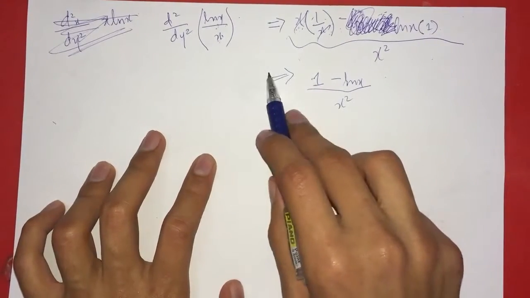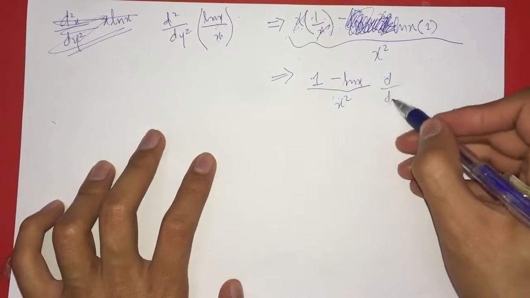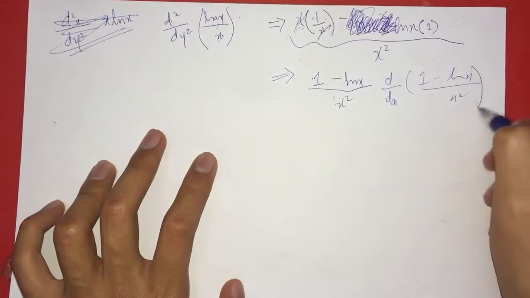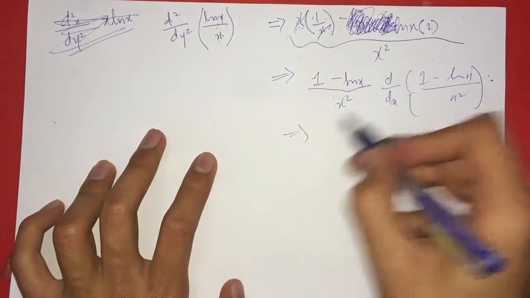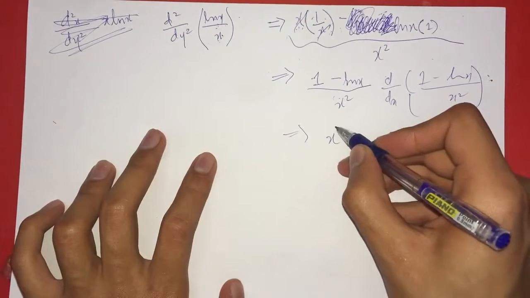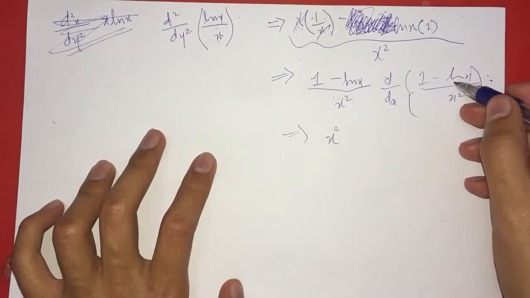Now what you had to do is to find the derivative of this again. So d by dx of 1 minus log of x divided by x squared. So what is this going to be equal to? So first you write the denominator, so x squared into the derivative of the numerator.